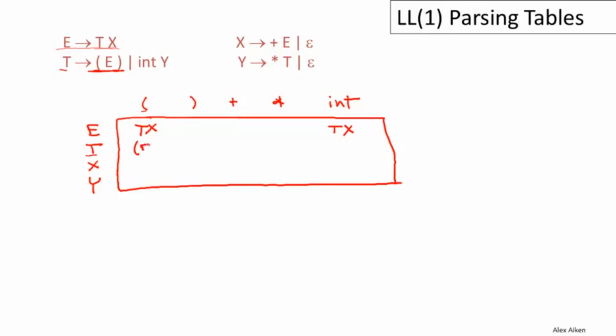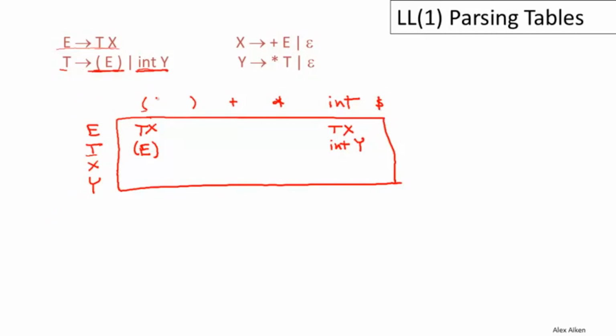So there's only one situation where we use that production. And for the other T production, we're going to use that when T is the leftmost non-terminal and there's an int in the input. So over here, we'll have int Y. And I forgot one column over here for dollar, so we'll stick dollar in there at the very end.